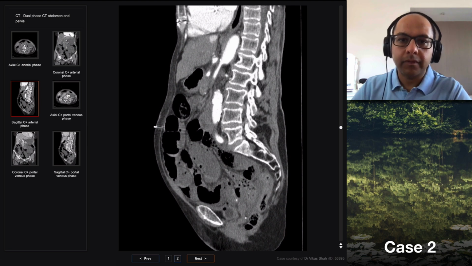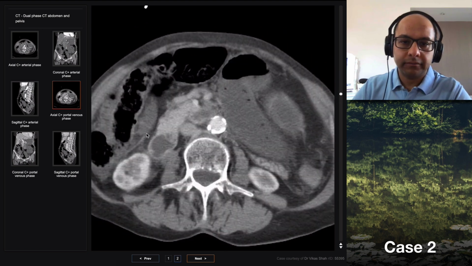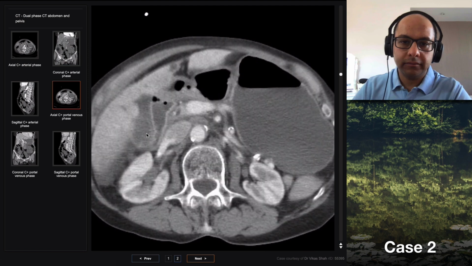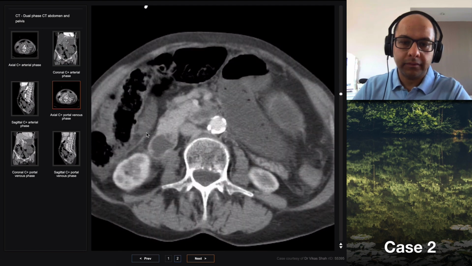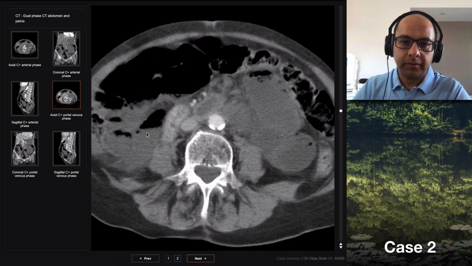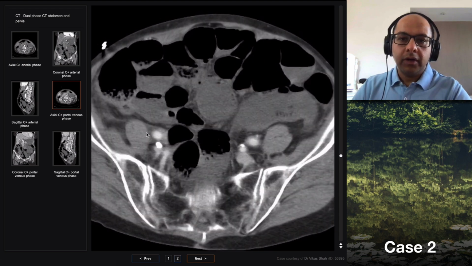So it looks like there's an SMA occlusion, which would explain the findings we've seen. And other things, there's just gallstones. Okay, yeah, I think that's about it.